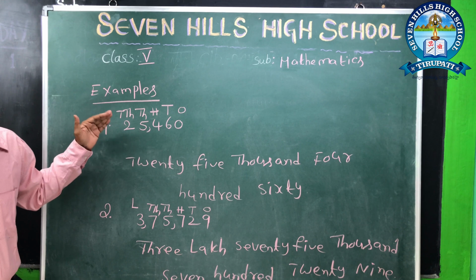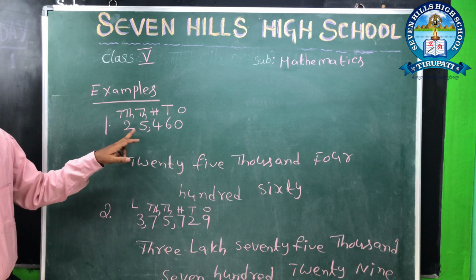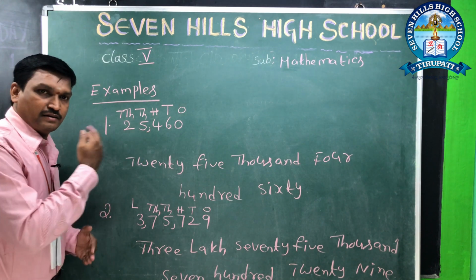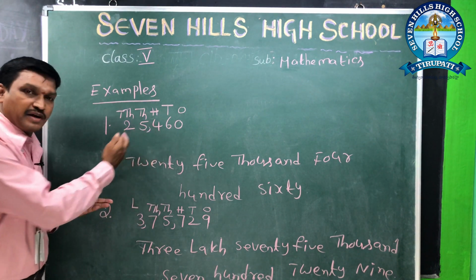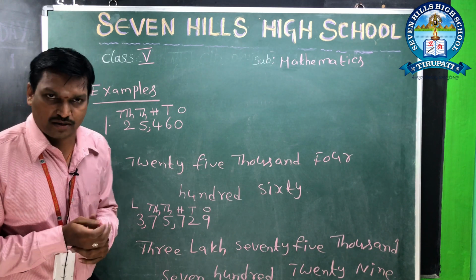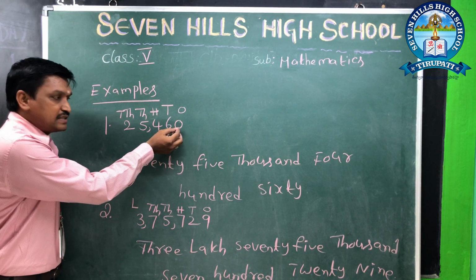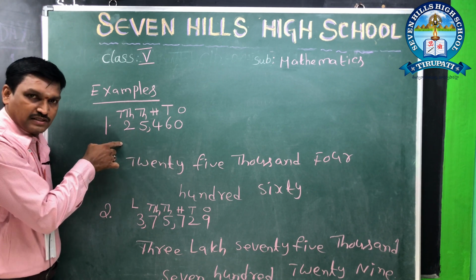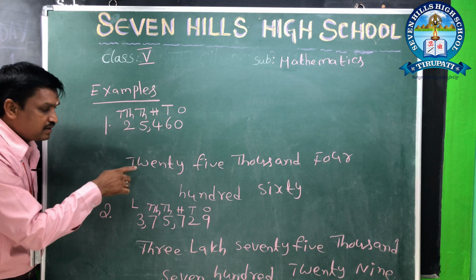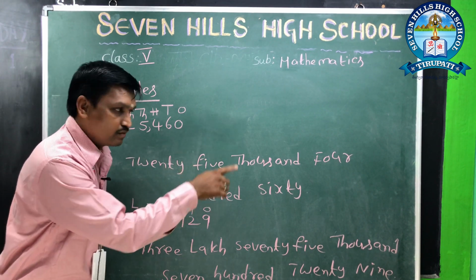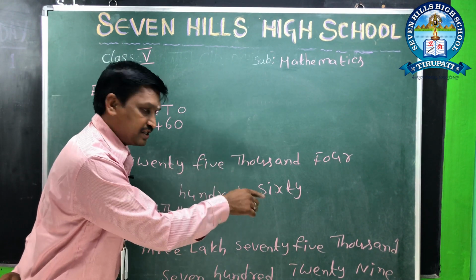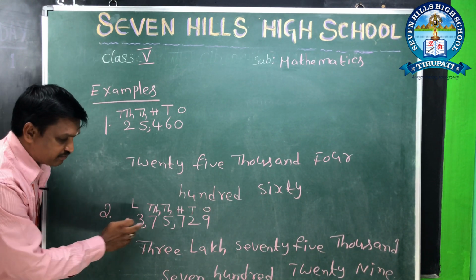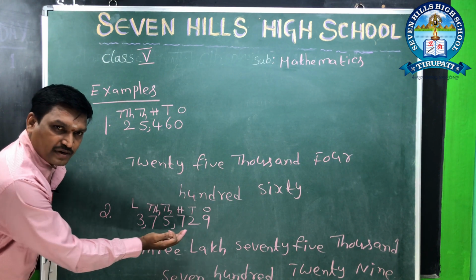Once again we will discuss this. It is one given number. We can separate this number by commas using the Indian place value chart. Here ones, tens, hundreds, thousands, 10,000s. That means it is written as 25,460. Next, second example: we write one number here. It is also separated by commas.